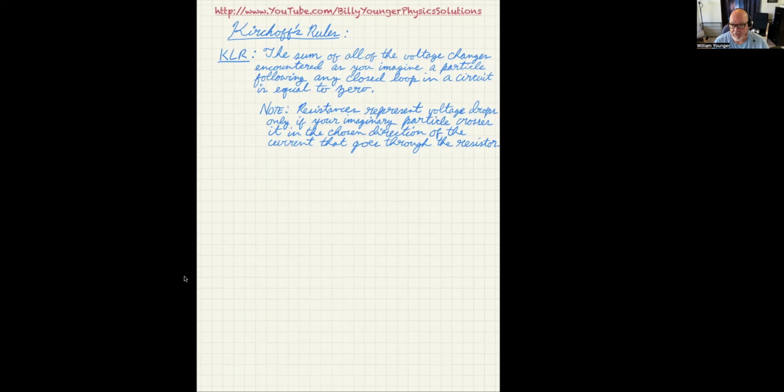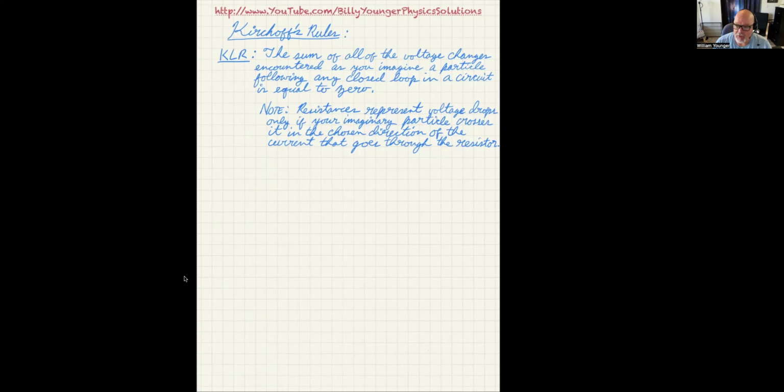Additionally, this one doesn't tie in as much with the current. When you go from the short arm of a battery, the battery diagram is drawn as two almost like capacitor plates, but one's really short and that represents the low voltage end and the other's really long and that represents the high voltage end.